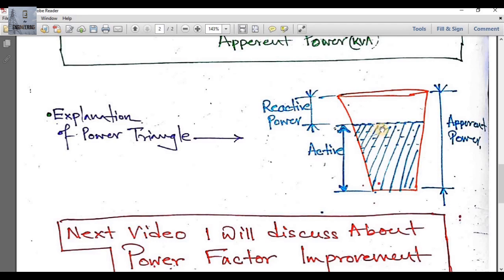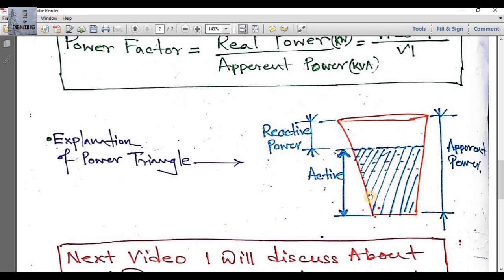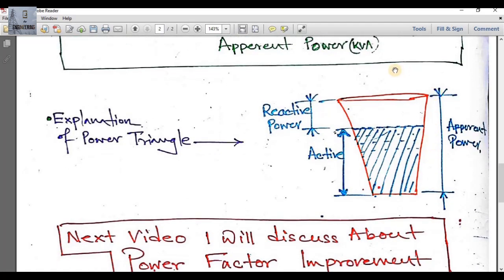The amount of water in the glass is the active power, which is the real power used or consumed by the load. And the empty space of the glass is the reactive power, which is of no use to the load. So this is a very simple explanation of the power triangle.